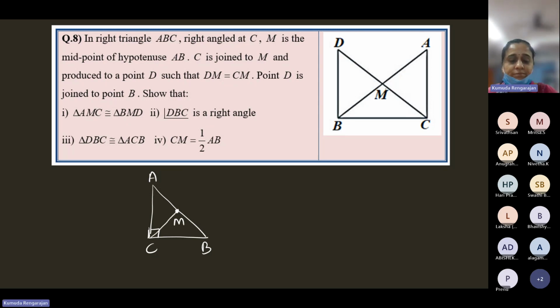C is joined to M and produced to a point D such that DM is equal to CM. So you produce it to a point D. That means if supposing CM is 3 centimeters, you produce it so that MD is also 3 centimeters.